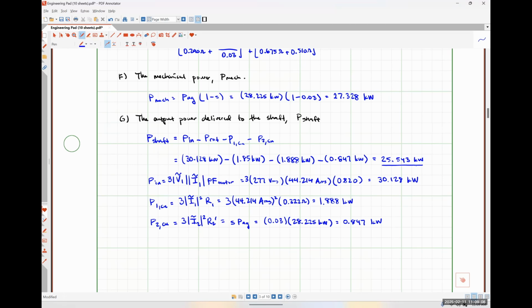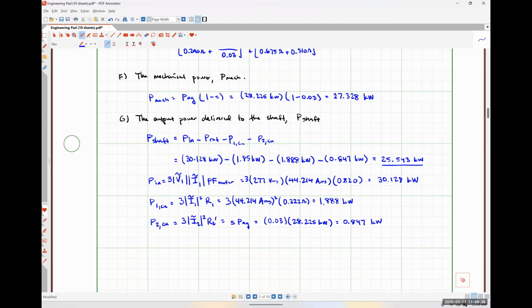So just as a sanity check, that number should always be a little bit smaller than the mechanical power, because we're also taking into account our losses from friction and windage, secondary or rotor copper losses, things like that. So if you wind up getting a shaft power that is greater than your mechanical power, you have forgotten something or you have made a miscalculation. Air gap.